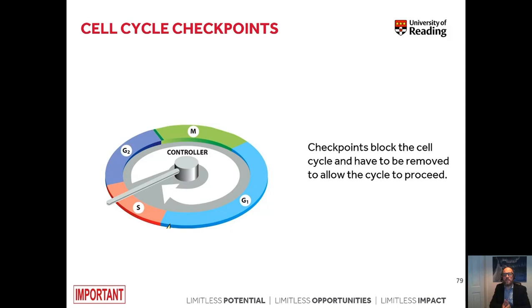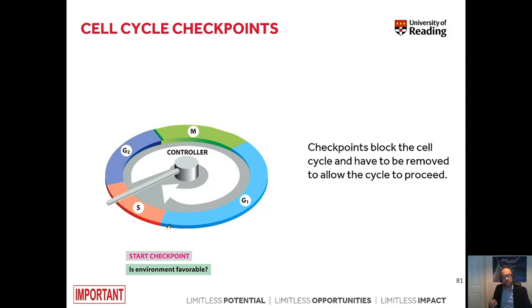Those checkpoints block the cell cycle and have to be actively removed by the cell to allow the cell cycle to proceed. And the first of those transition points or checkpoints is actually at the end of the gap 1 phase. Here the cell checks if the environment is favorable for cell division.